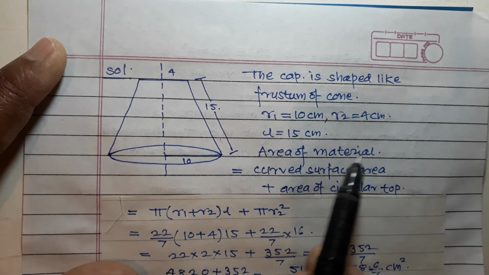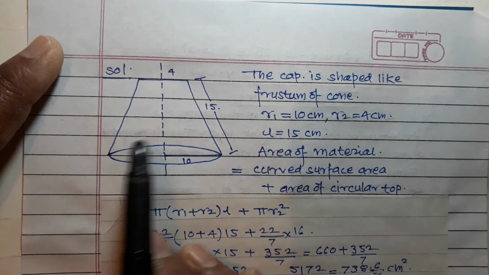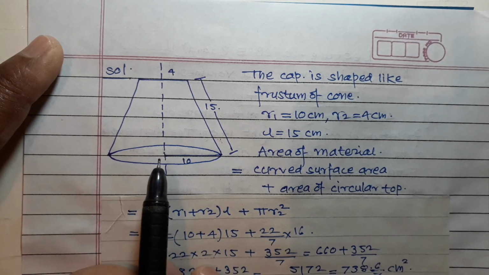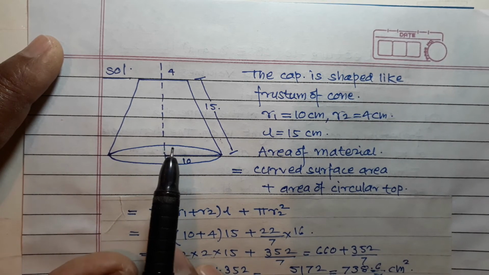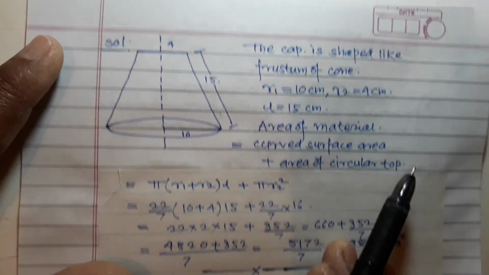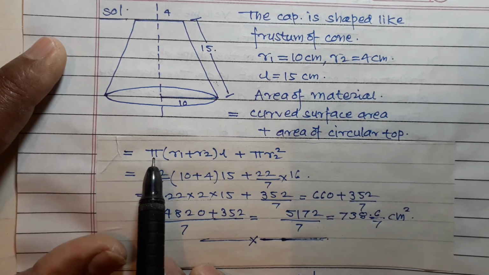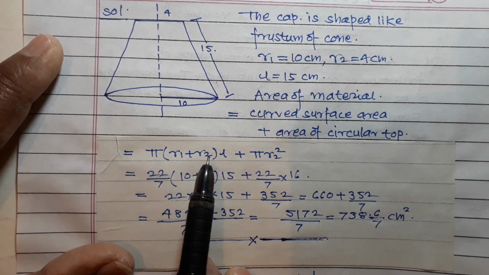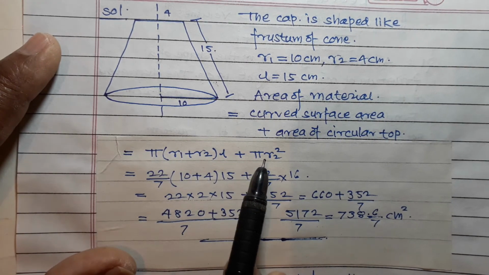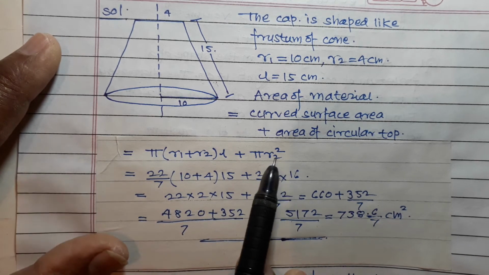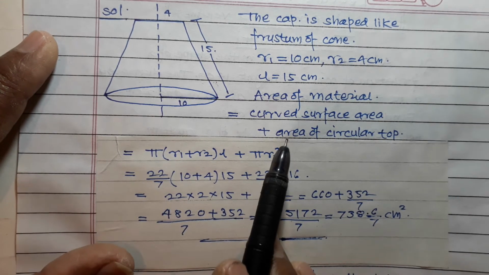So area of material, that means curved surface area plus area of circular top. Now here it is hollow, so it is equal to pi into bracket R1 plus R2 into L plus pi R2 square.